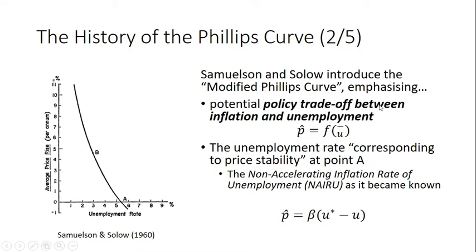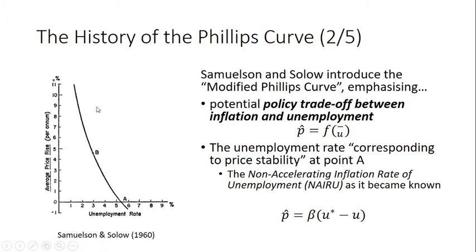That Samuelson and Solow paper really, in some sense, popularized what Phillips was writing about, especially because they emphasized this trade-off between price inflation now, not wage inflation, and unemployment.